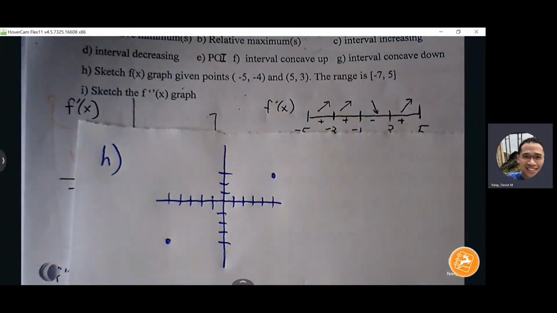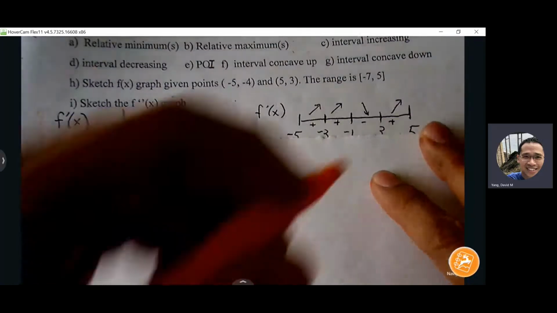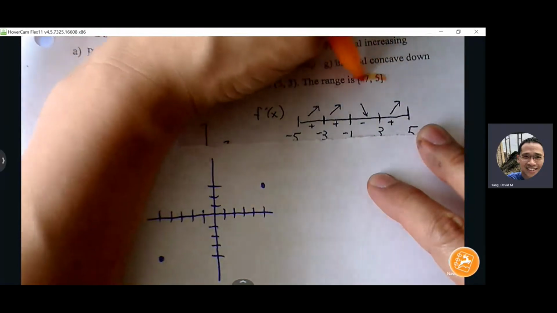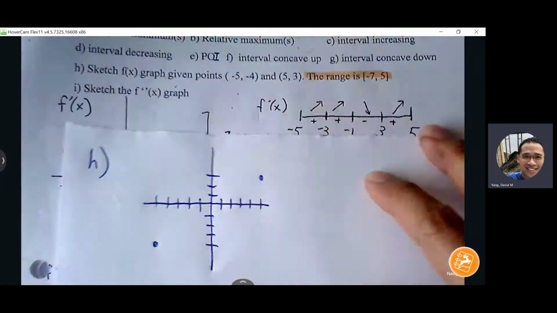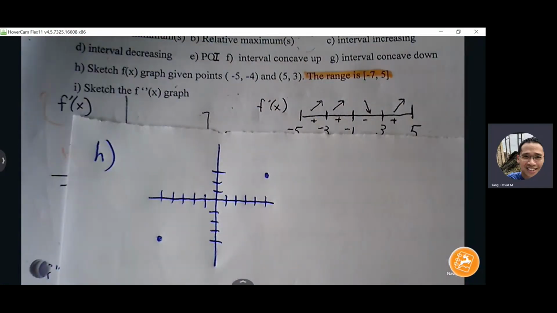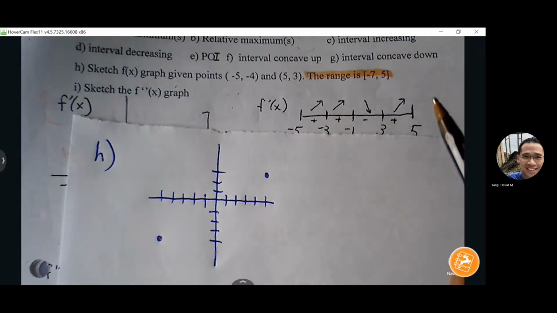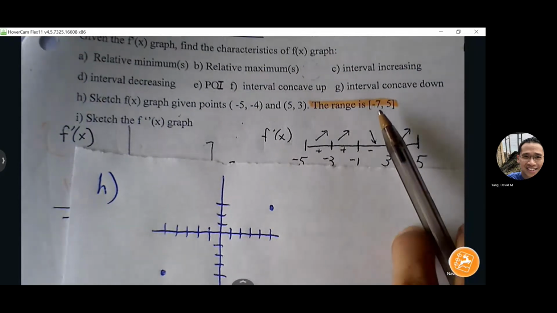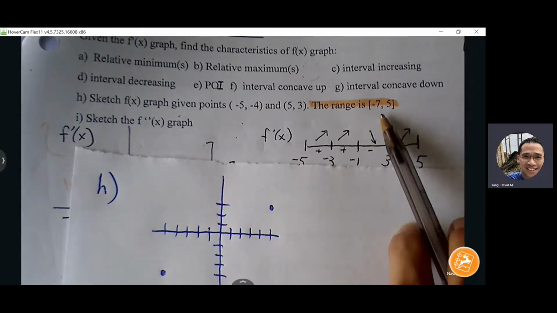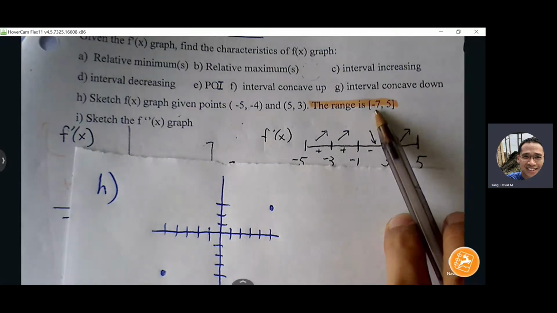Now, there's something that we haven't done yet, and that is this information here. It says the range is between -7 and 5. What does that mean? Okay, good. So these are the y values of the absolute min and absolute max.